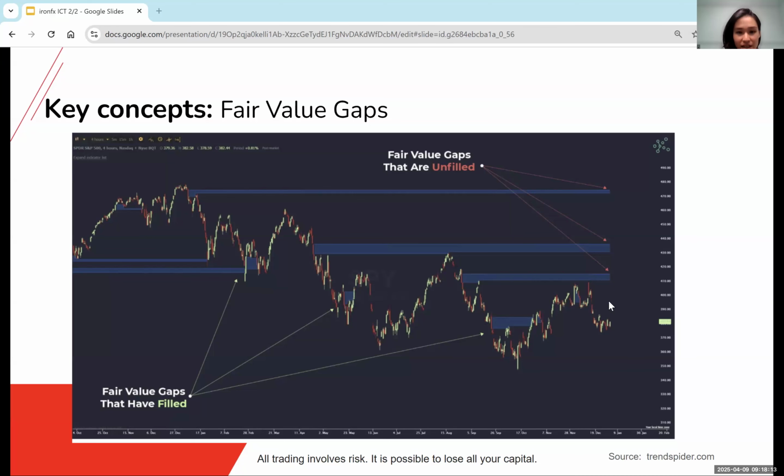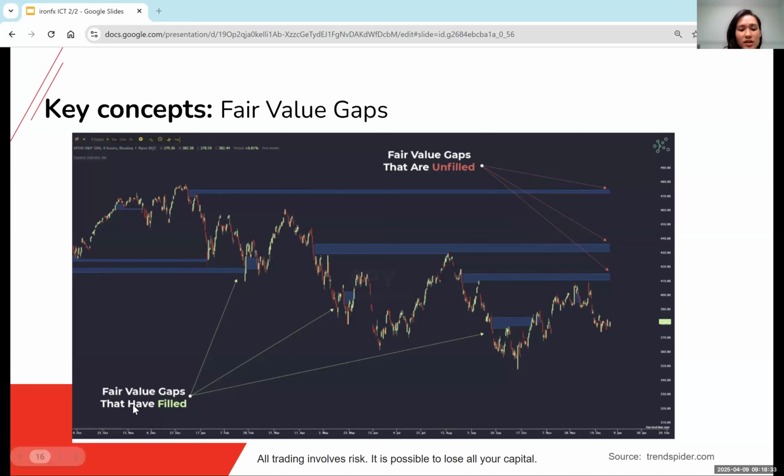So I guess your next question might be, how exactly are you going to use these FVGs? Firstly, you can use them as your support and resistance levels. Like I mentioned before, we're concerned with the unfilled FVGs because we're expecting price to retrace and fill up these FVGs.